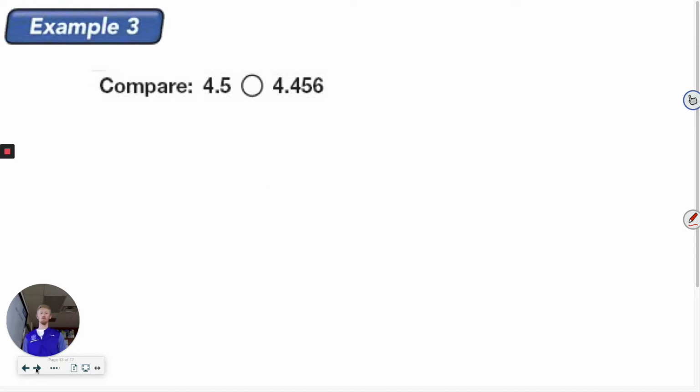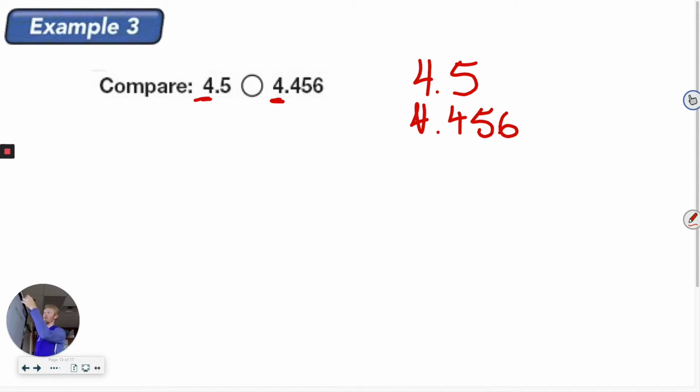All right, compare 4.5 and 4.456. Now, you might be thinking, that has 3 numbers there, so it must be bigger. Nope, you always start on the left side when comparing numbers. So, 4 there, 4 here. One thing that makes it easy is lining it up like you're going to add or subtract. 4.5 and 4.456.